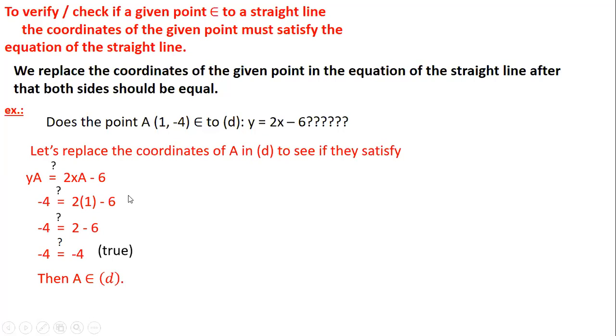I will stop here. I will not continue. So for tomorrow, you have two cases of straight lines and how we check if a point belongs to a straight line. Is this clear, guys? Yes. You write the notes of what I discussed today, Abbas, and you apply the exercises related to them.